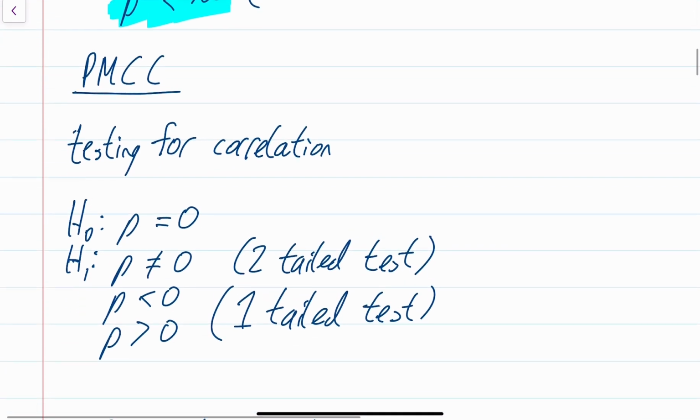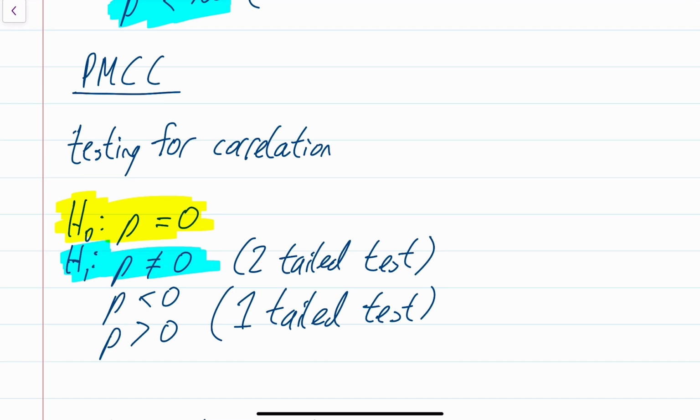And then the product moment correlation coefficient, this is where you're testing for a correlation. Now it's a little bit different. The initial setup is that H0 is always that rho is equal to 0, and rho equals 0 means there is no correlation. And then you want to test for the presence of some sort of correlation. So somebody maybe just has an idea, I think these two variables are related.